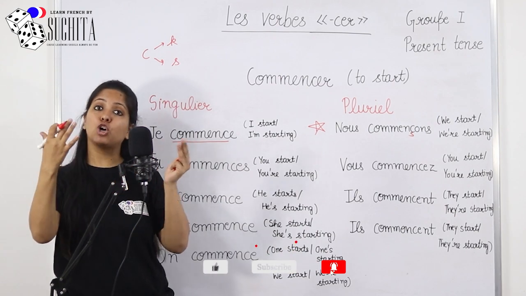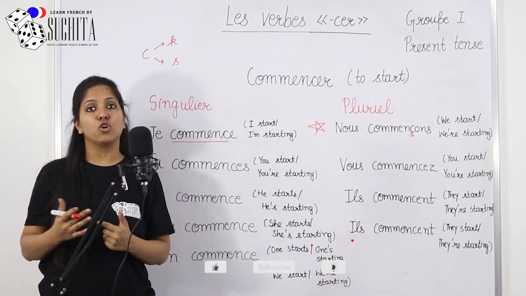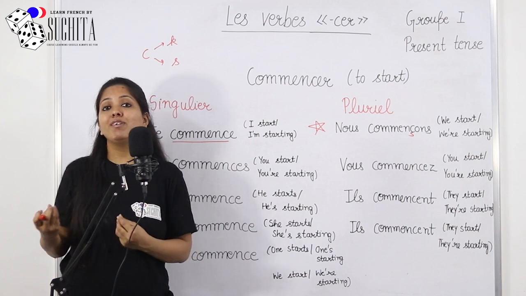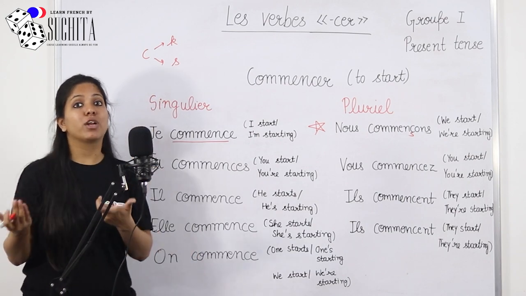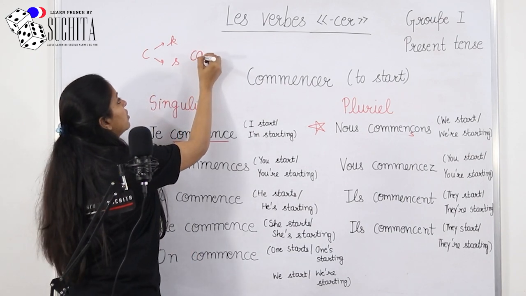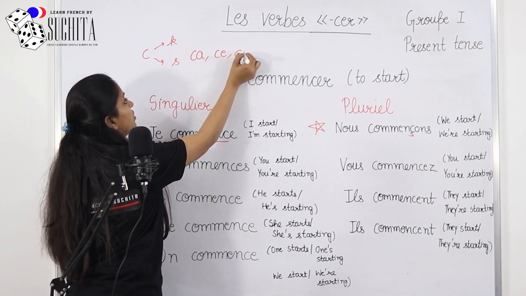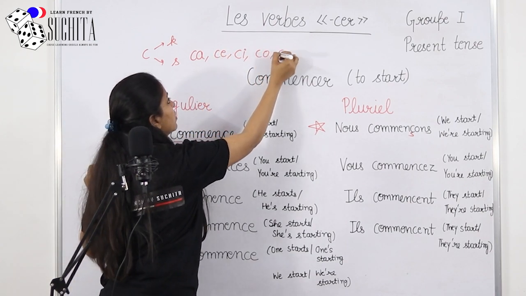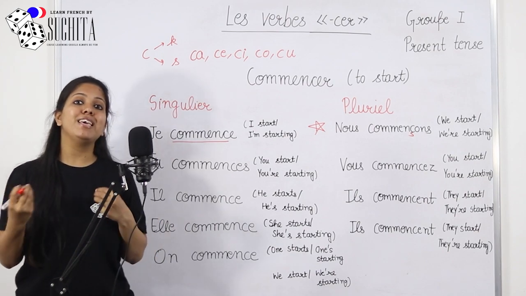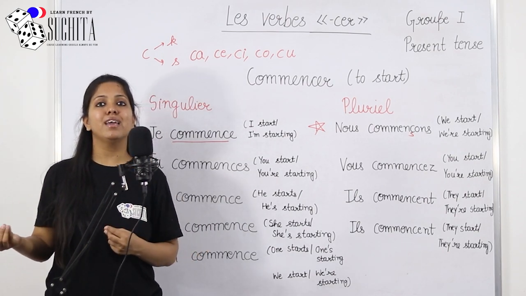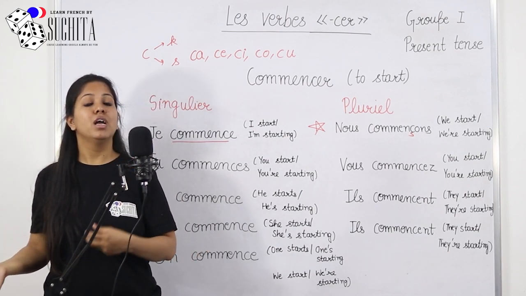So it can be pronounced as K, it can be pronounced as S, depending upon which vowel you have after C. Now what are the options? You can have CA, CE, CI, CO, CU.